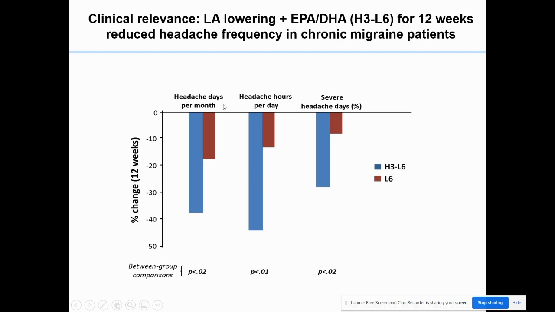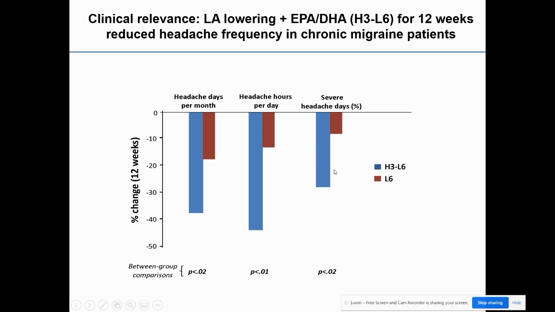So in that study, it was observed that the L6 diet sort of reduced headache frequencies and severities in the groups, but it was non-significant. But the H3L6 diet significantly reduced headache frequency, headache days per month, headache hours per day, as well as severity.